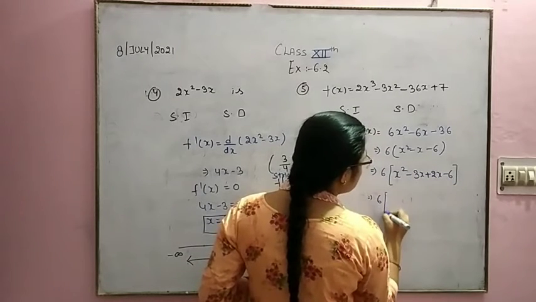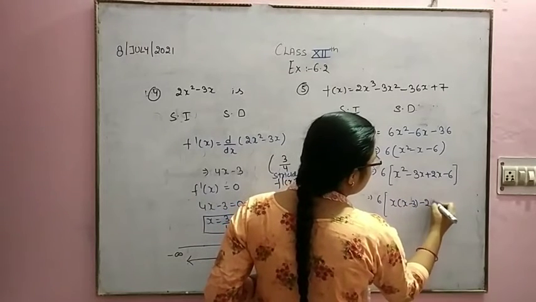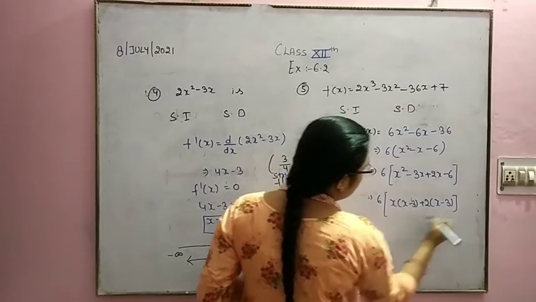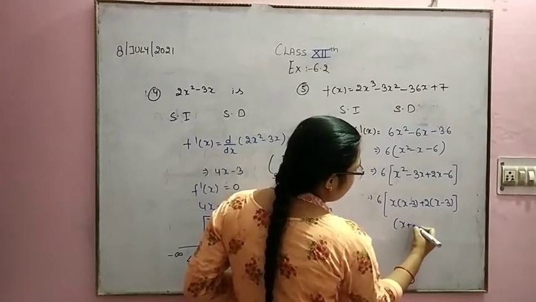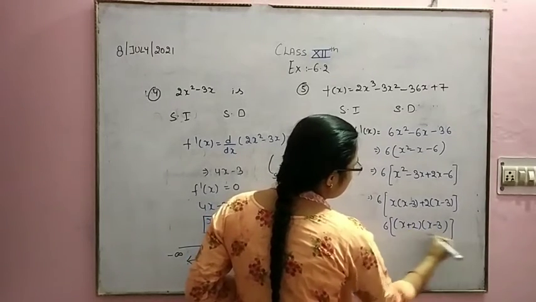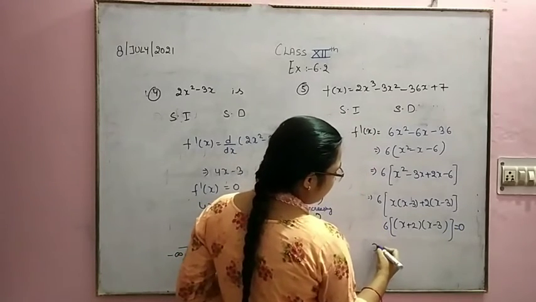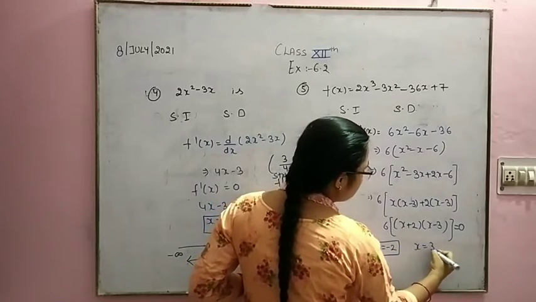By solving this, we get x minus 3 taking common, plus 2 times x minus 3. So overall we get 6 times x plus 2 times x minus 3. Compare this quantity equal to 0. We get x equals minus 2 and x equals 3.